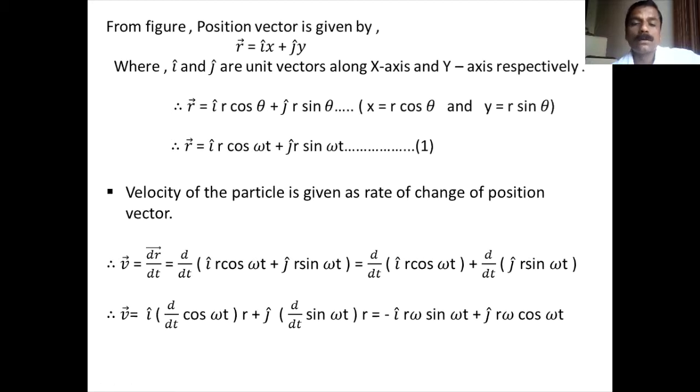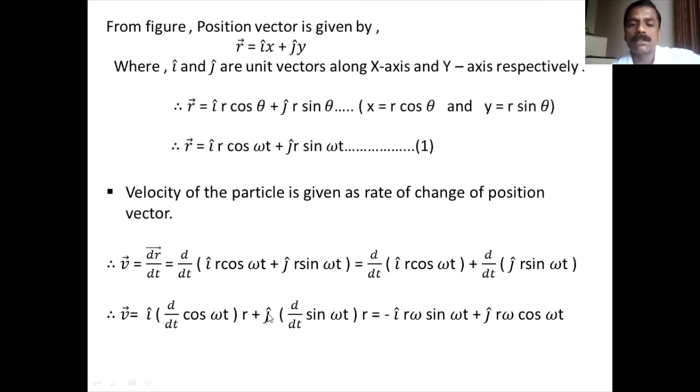Now you should know the derivative of cos has a minus sign, and the derivative of sine is cos. So in the first bracket, the derivative of cos omega t must have the negative sign. Constants i cap r are taken outside, and omega is also a constant, the constant angular speed, and the derivative of cos is minus sin omega t. So you will find this is minus.